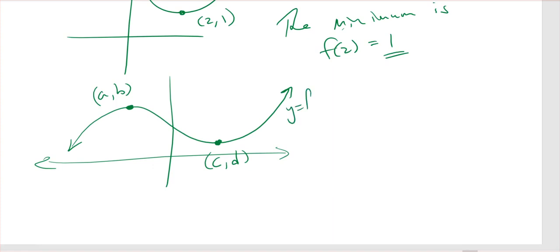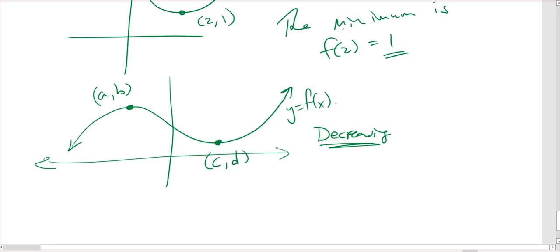So this is the function y equal f of x. So we can say it's decreasing on which intervals here. So we want to know, where is it going down as I move left to right. So we're starting left, moving to the right, and we want to know, where is it going down? Well, wouldn't it be between these two x values? Decreasing on the interval (a, c).